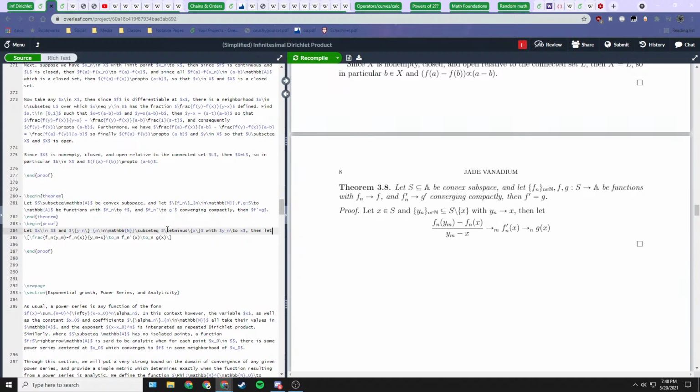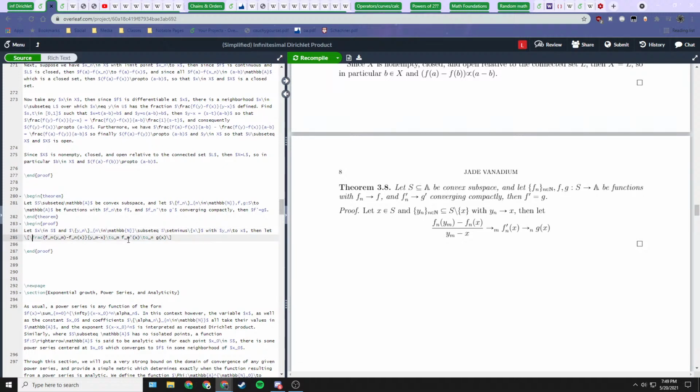How are we going to do this? I think what we want to do is show that these fractions of f_n converge to f_n prime, which converge to g of x.